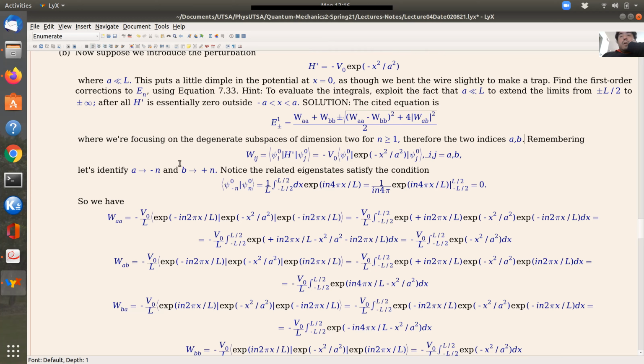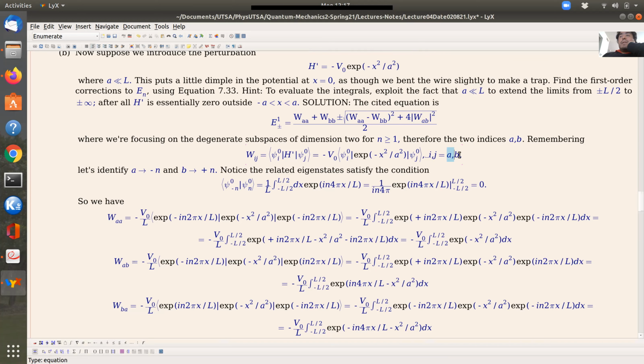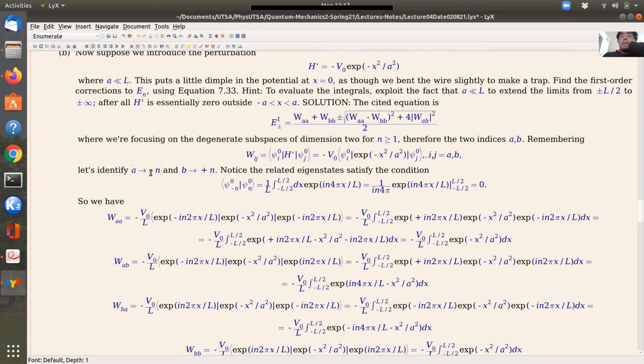So basically the elements of the degenerate subspace, and actually that could generate a basis because they're linearly independent, are the state minus n and the state plus n. And so we are going to verify something, which is that the related eigenstates satisfy the condition.